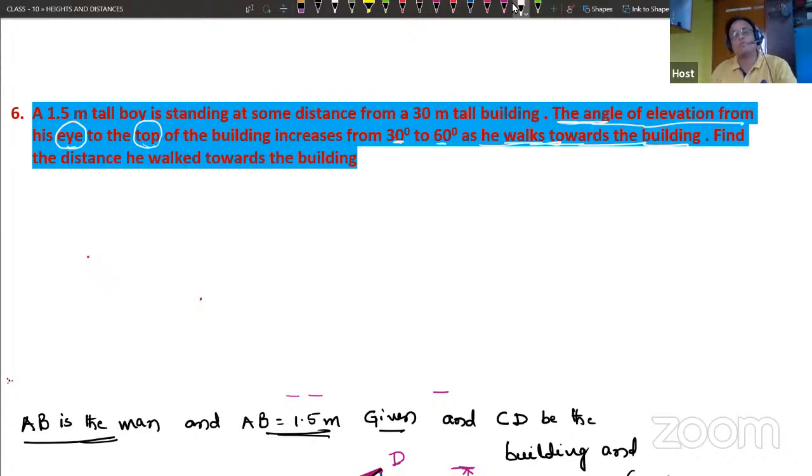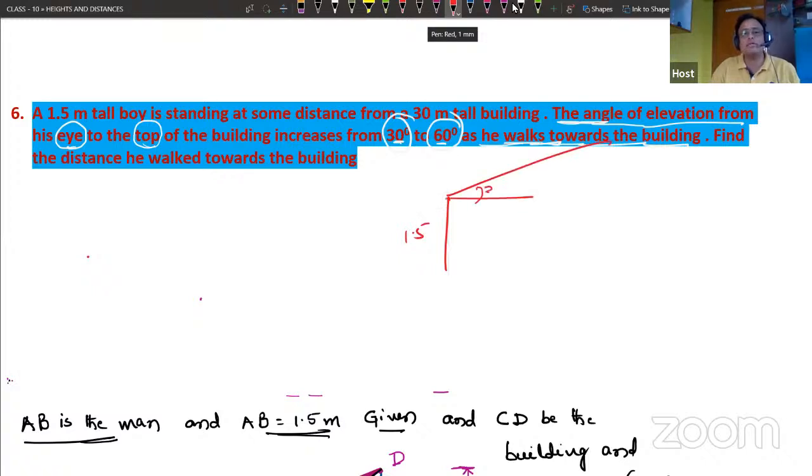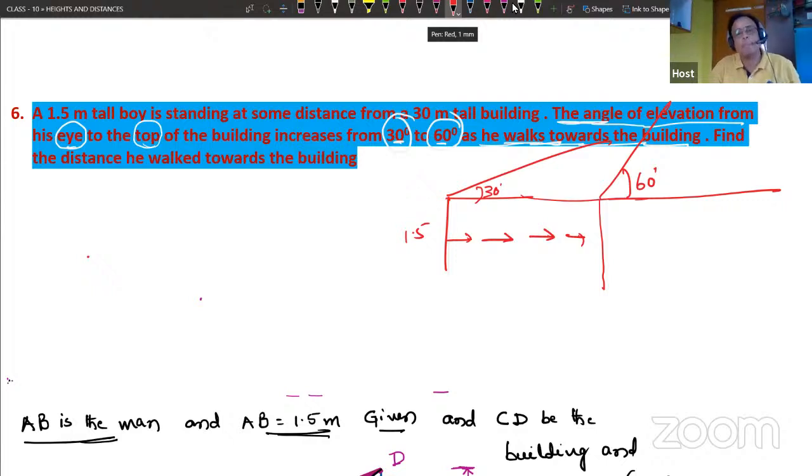Somewhere he has stopped after walking some distance. Again he has seen the top of the building. That time the angle has increased from 30 degrees to 60 degrees. So first he was here, the boy is 1.5 here, and the angle of elevation is 30. From there he started walking, somewhere he stopped here, and again he saw the top. That time the angle of elevation increased to 60 degrees. So he has asked to find the distance he walks towards the building. Here the building is here.